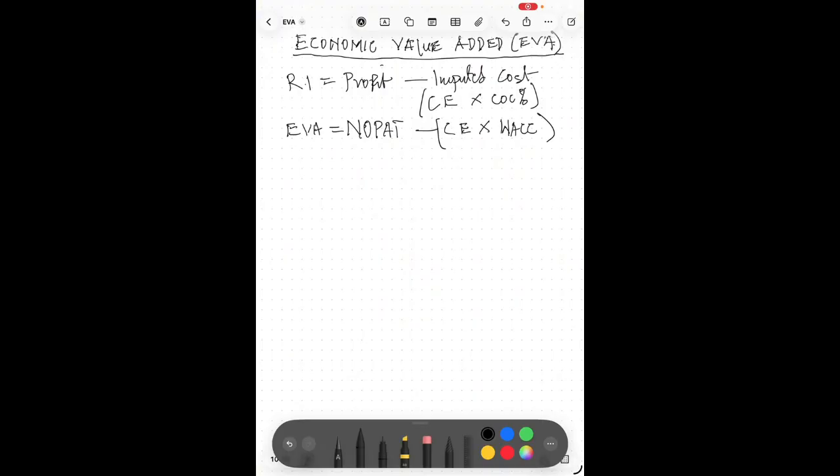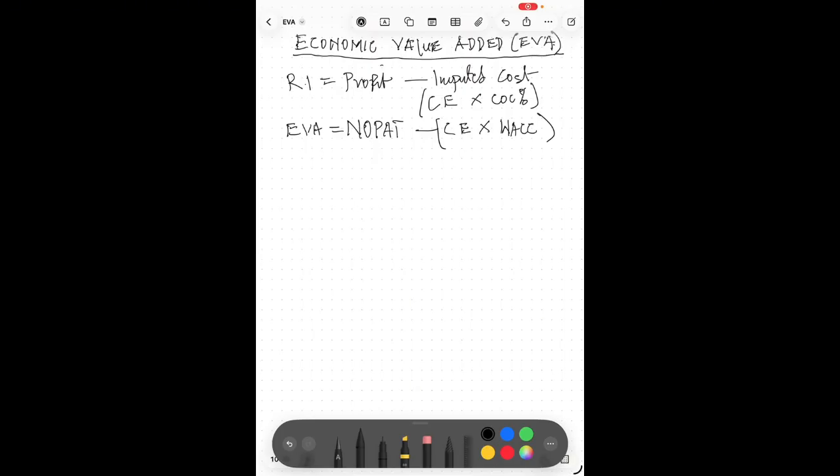So you can see that they have similarity, like for like. Profit is now replaced by net operating profit after tax. I will give a more comprehensive note on this, but just for the sake of this exam, a quick recap on it.